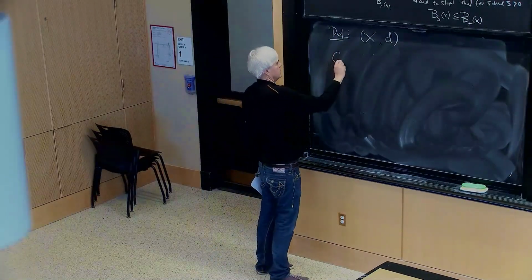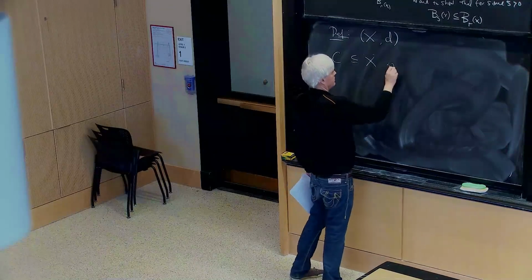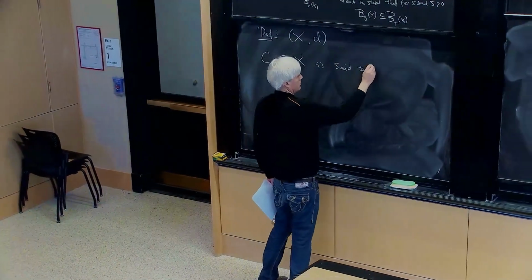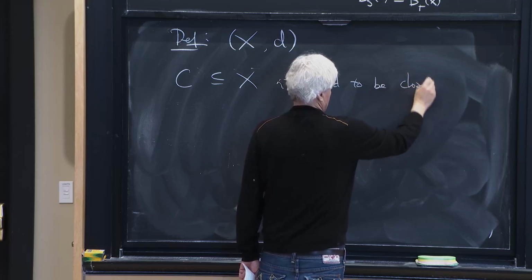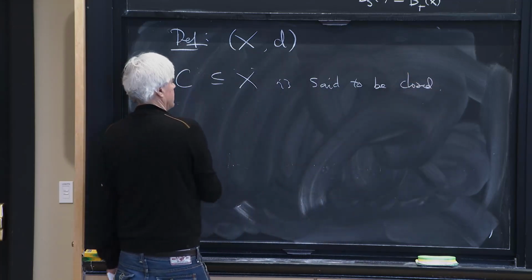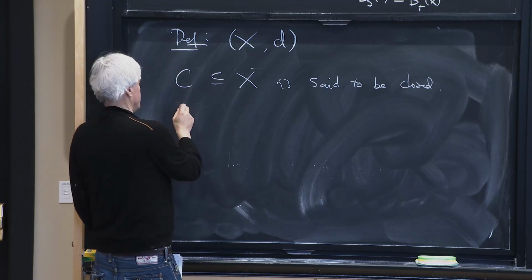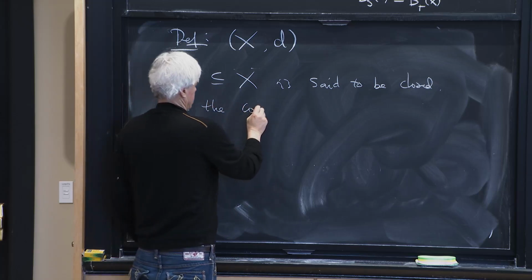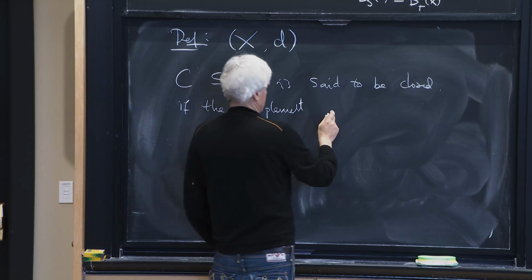And then C here, a subset of X, is said to be closed. And now it may seem almost cheating. It's said to be closed if the complement of C is open.